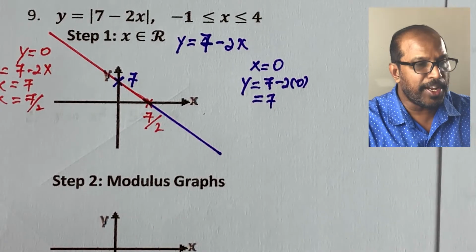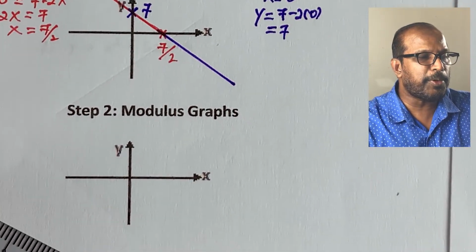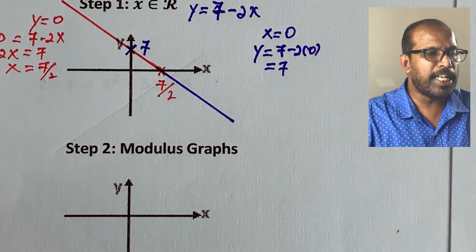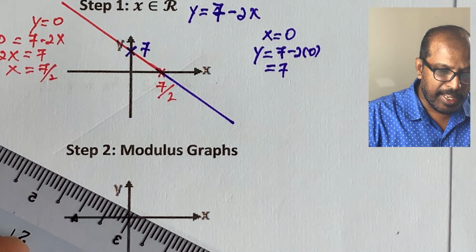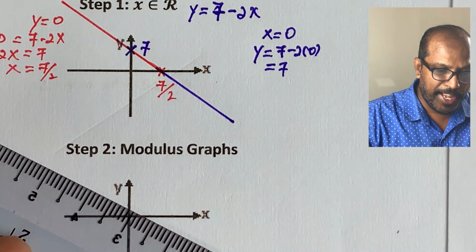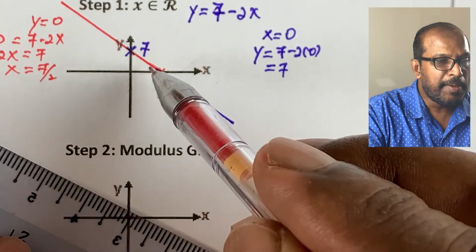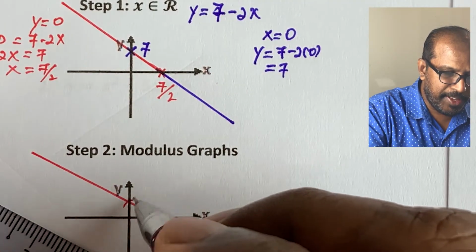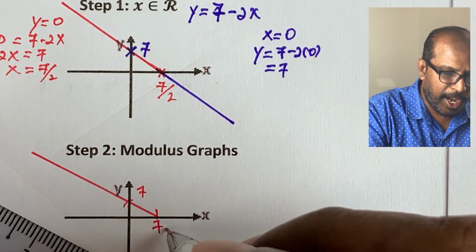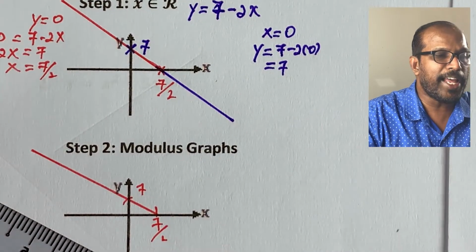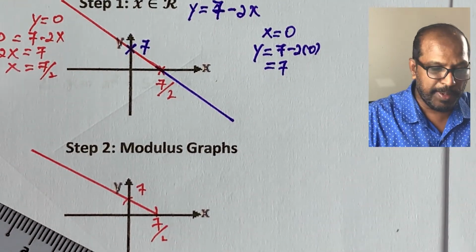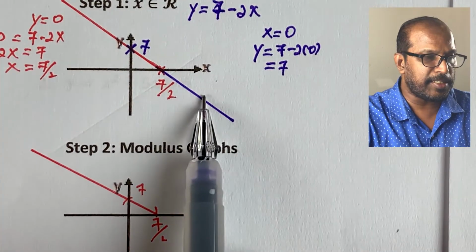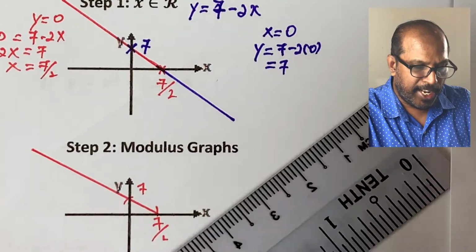Now going to the second level, I'm going to draw the modulus graph. What is the modulus graph concept? Remain the graph above the x-axis. That means the red color must remain. So this value will be 7, and this value will be 7 over 2. So I remain the graph above the x-axis. Now the part below the x-axis, the blue color, we reflect on the x-axis.